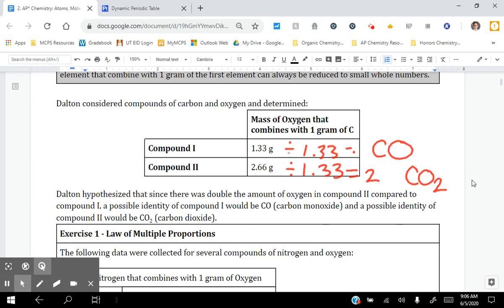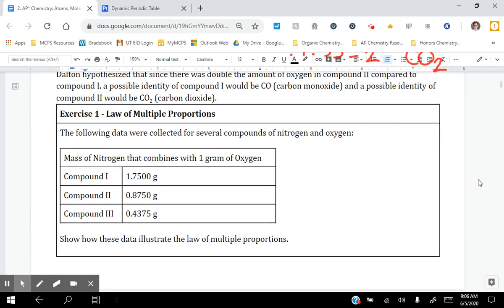If you try the same thing in exercise 1, if we take the smallest mass and divide the others by that mass, we can come up with a ratio for how much nitrogen is bonded to each of these oxygens. So we're starting with 1 gram of oxygen, and all the reported masses here are masses of nitrogen. So the smallest one is 0.4375 grams.